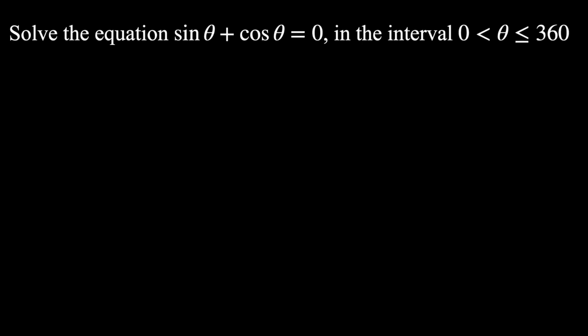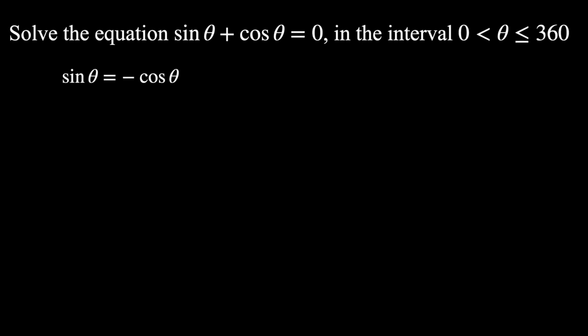So for example, I want sine theta equal to 2 or tan theta equal to 1. I want some trigonometric function on the left of the equation and a number on the right. At the moment, I don't see any way to find the value of theta when the equation is written like this. So what I can do is to rearrange so that sine theta equals negative cosine theta.